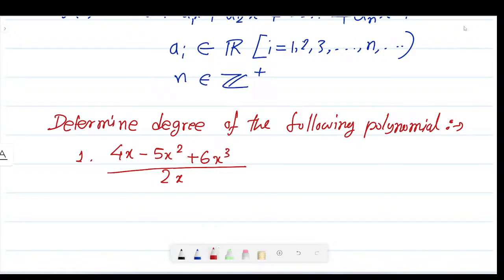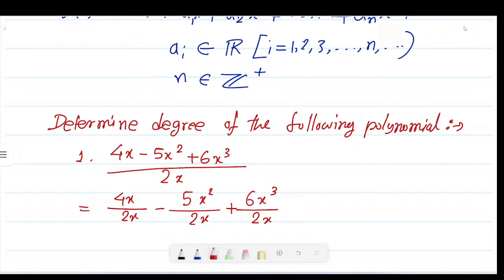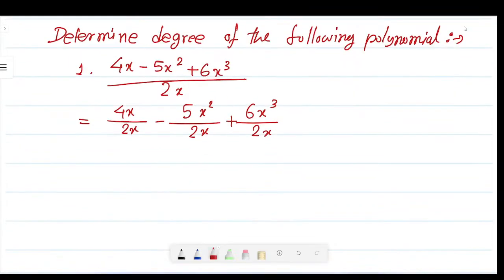So at first we shall express it, that is, it will be 4x by 2x, and we have already discussed this sum also. And if you have not watched the previous lecture, at first go for it, so it will help you to understand easily.